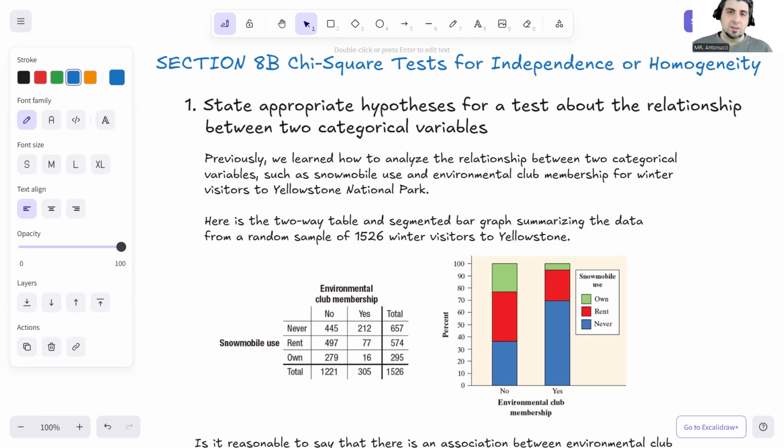But anyway, the data for these are going to be organized in a two-way table. And the formulas and calculation for both tests are going to be identical. The difference between the two tests is in how the data were collected, which will affect the conclusion we can make at the end of each test. So just wanted to bring that up as we get started here.